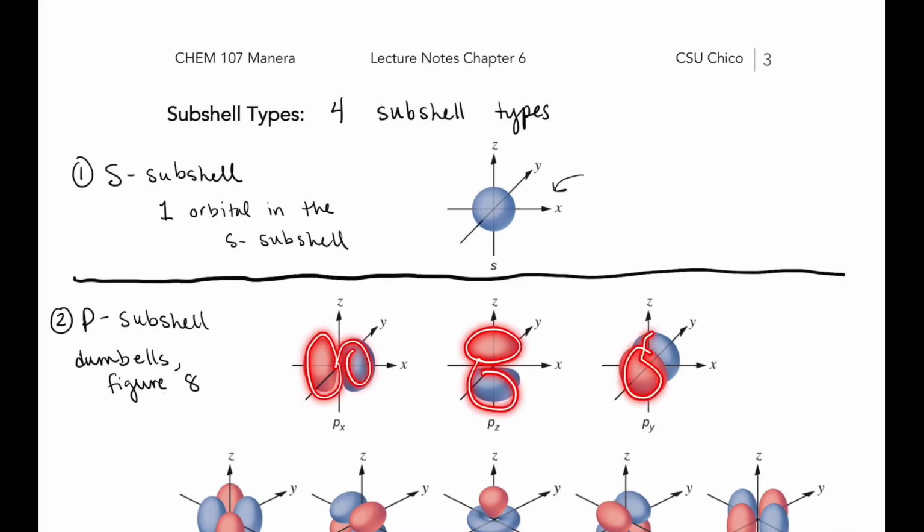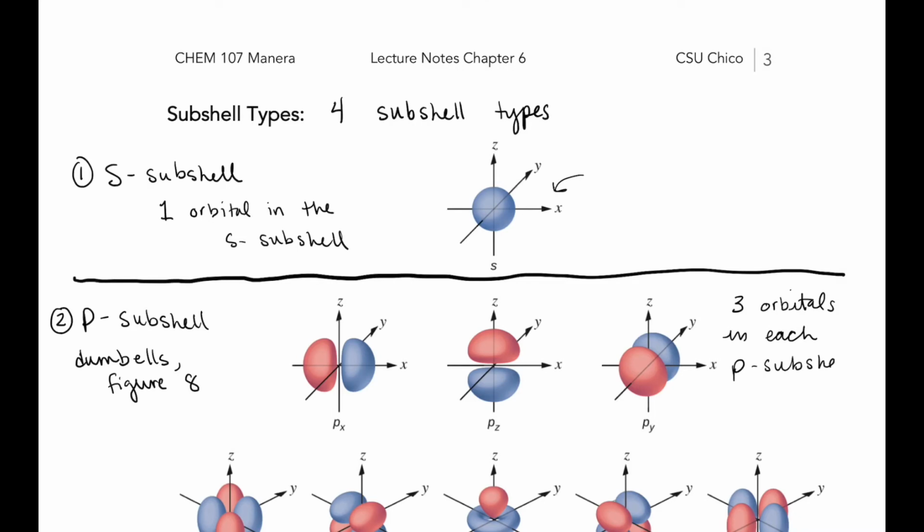Okay, so there are 3 ways to orient this shape, and what that means is there are 3 orbitals in each P subshell. Okay, there are 3 orbitals.